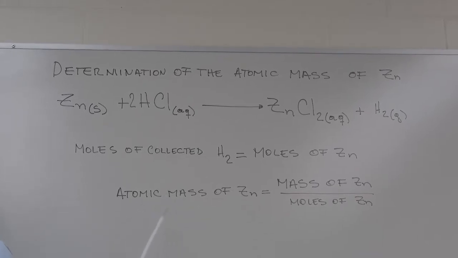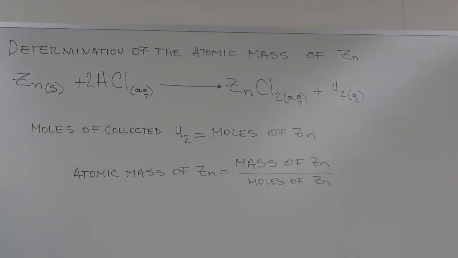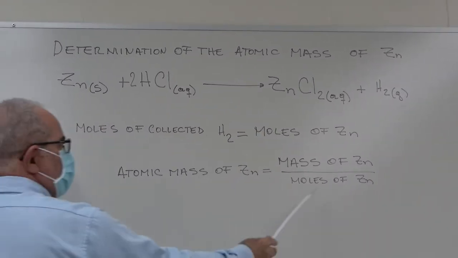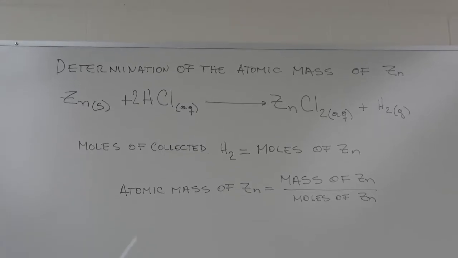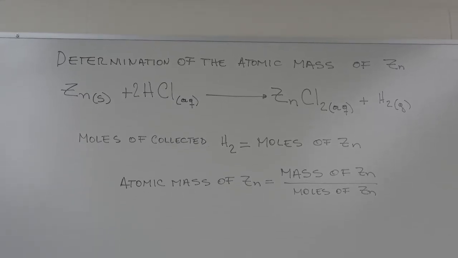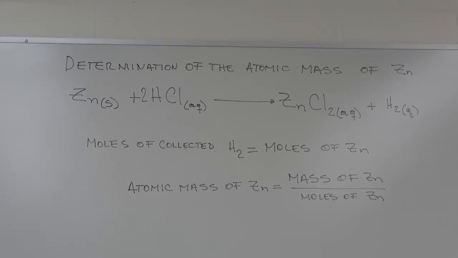Next, by knowing the mass of zinc that we weighed and dividing it by the number of moles of obtained zinc, we can calculate the atomic mass of that metal.